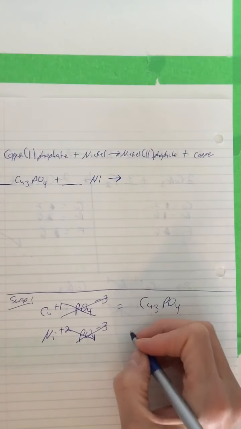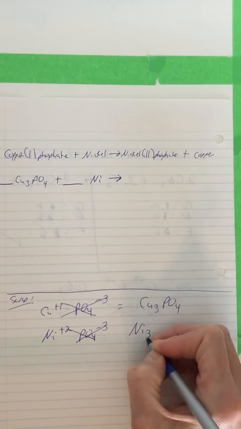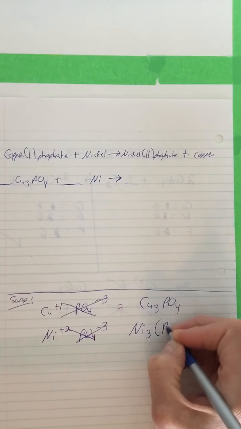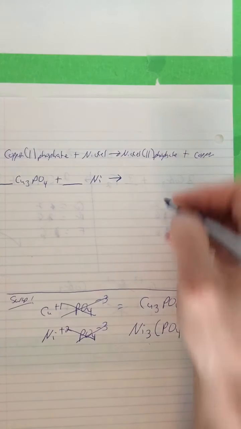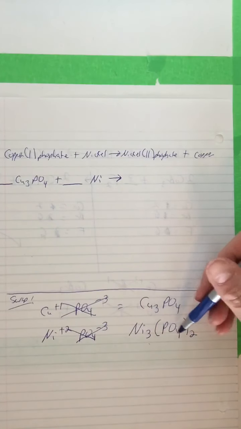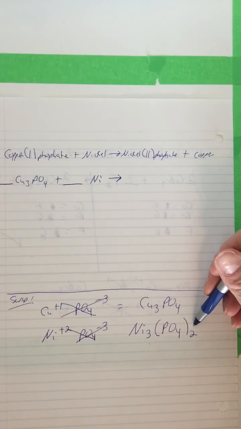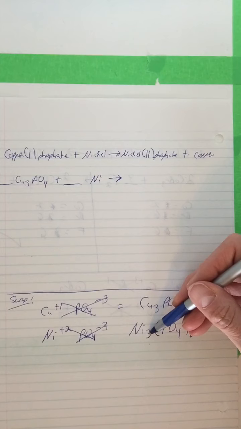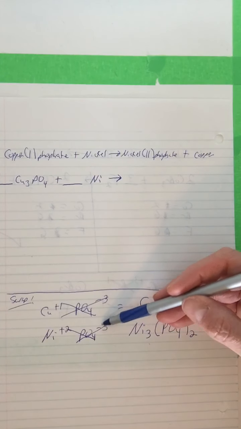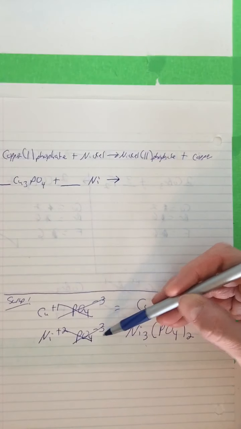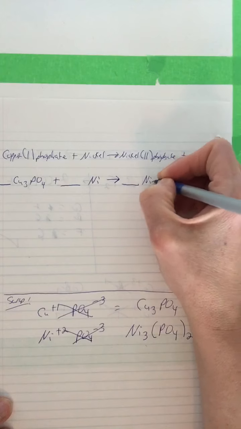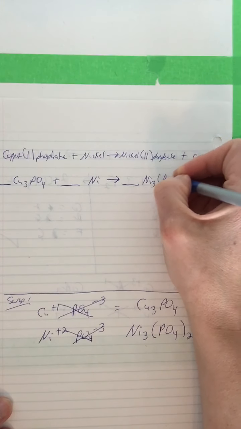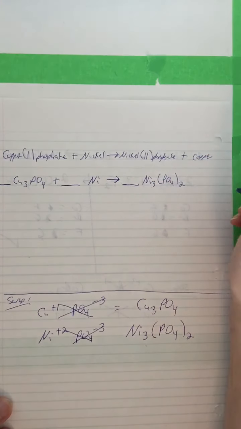So when these two crisscross, I get Ni3, open a bracket, PO4, close the bracket, 2. So that's what nickel 2 phosphate looks like. This 3 is not from nickel 3. This 3 is from the minus 3 charge on phosphate. They crisscross, remember? So put a blank. It's Ni3, open the bracket, PO4, close the bracket, 2.